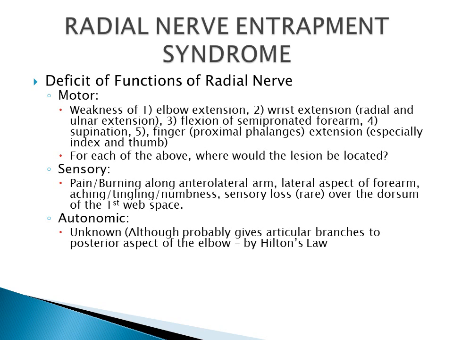So we might expect to see autonomic dysfunction in the dermatome distribution of the radial nerve. So the dermatome distribution is along the anterolateral arm, the lateral aspect of the forearm, and then the dorsal aspect of the hand. So what kind of autonomic findings could you expect?